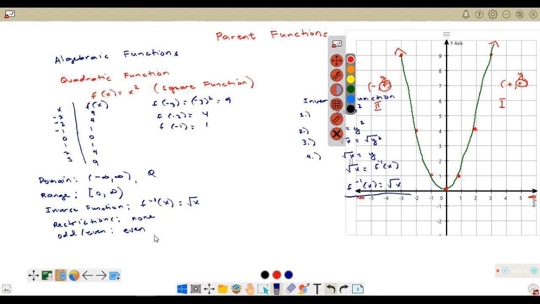Okay? Now, what will be the general form of quadratic function? We have ax squared plus bx plus c is equal to 0. Okay. I hope that was clear.